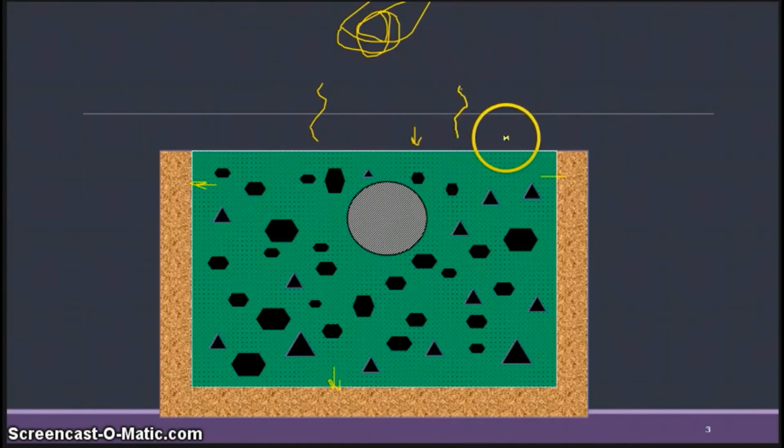That is, if the rate of bleeding has a smaller value than the rate of evaporation, water is going to evaporate out. So the concrete at the surface is going to lose water.